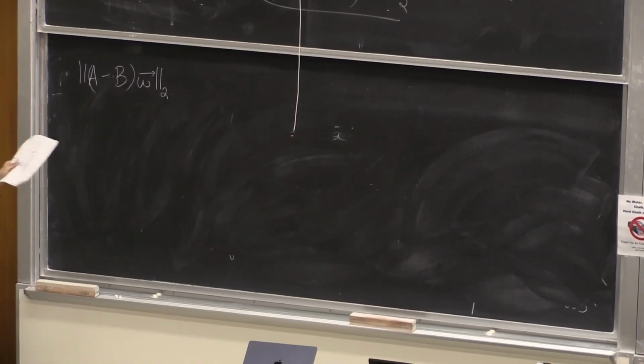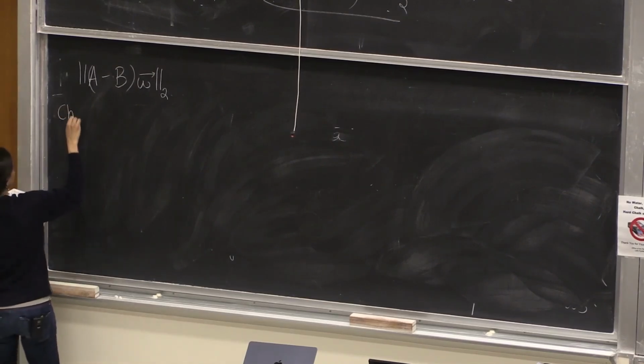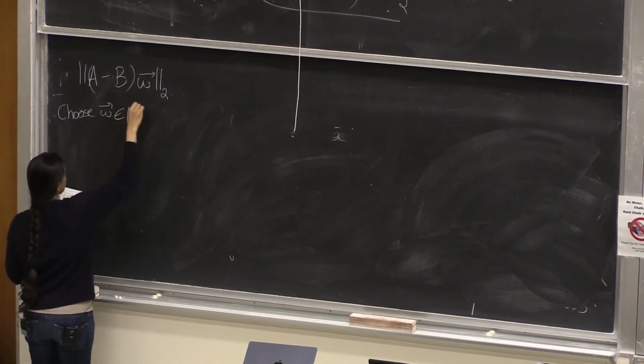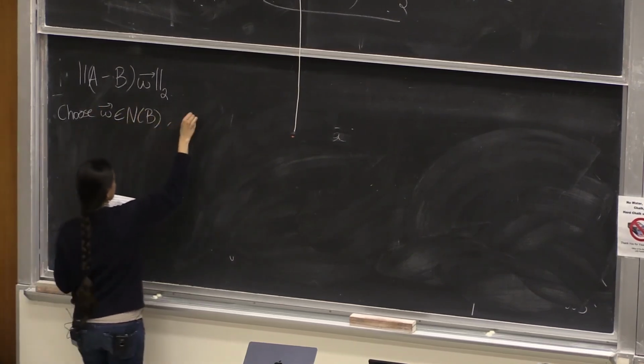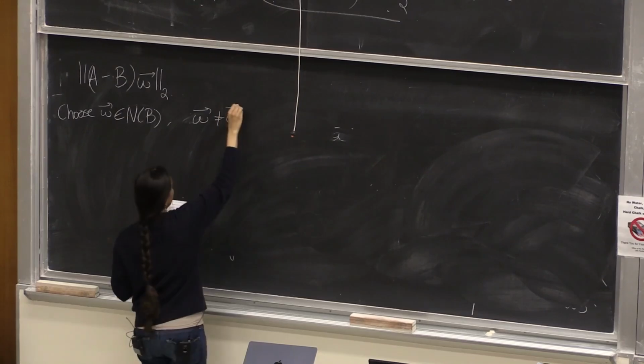So we want a non-trivial vector in the null space of B. So choose W to be a unit vector anyway.